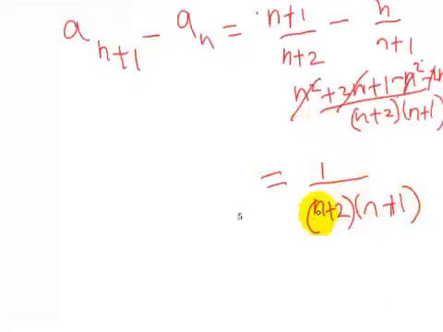Since n is a natural number, 1, 2, 3, and so on, this term is positive all the time, greater than 0 for all n.